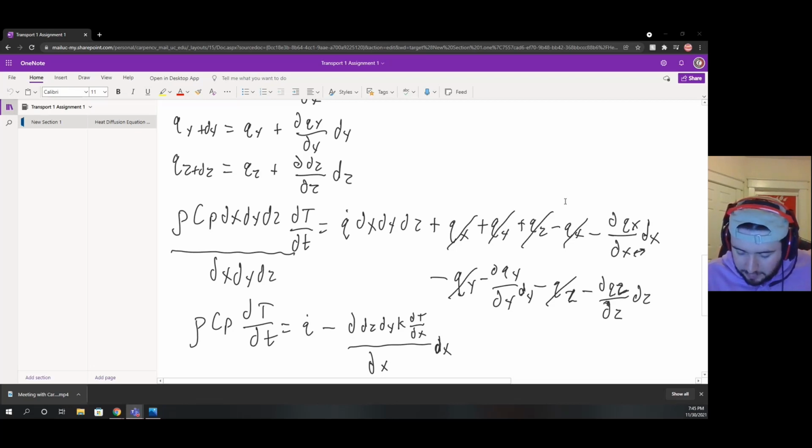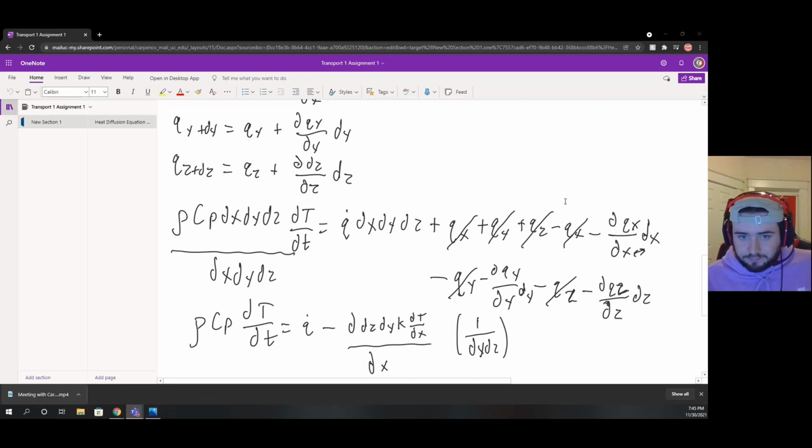That's going to be multiplied by an area since we divided by dx, dy, and dz. So that's going to be multiplied by 1 over, that would cancel this too. So it's going to be 1 over dy dz.